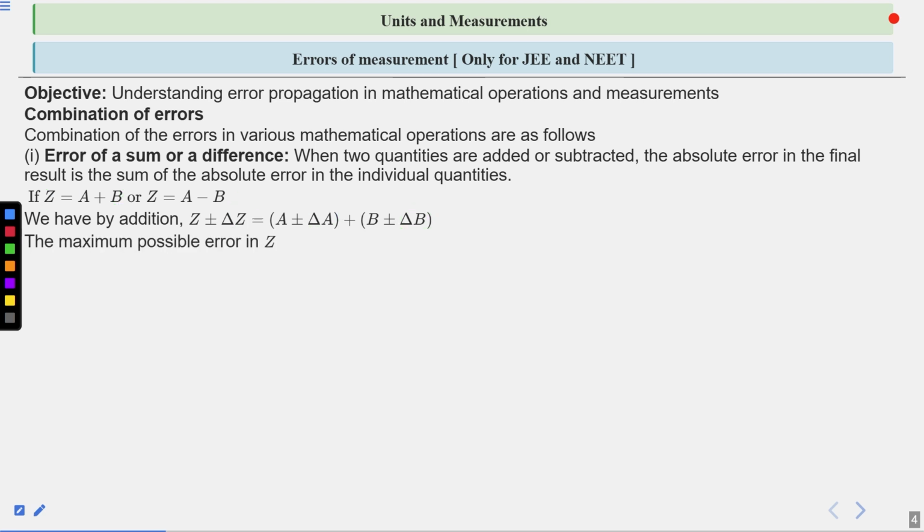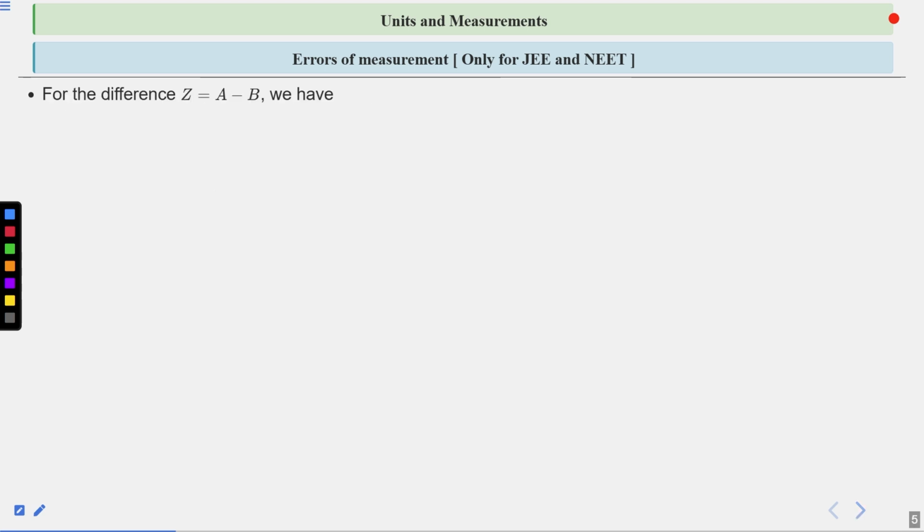The maximum possible error in Z is what? So the maximum possible error in Z is delta Z is equal to delta A plus delta B. So this is the maximum possible error.